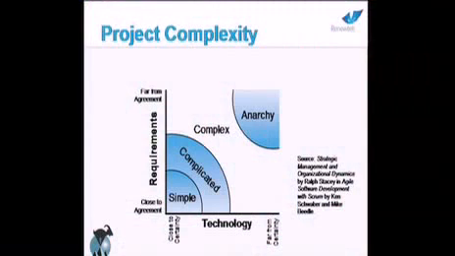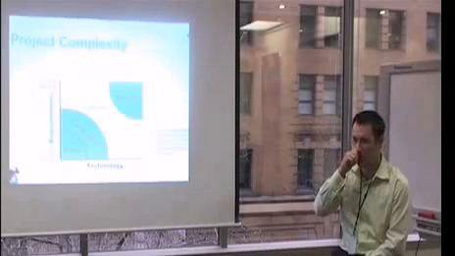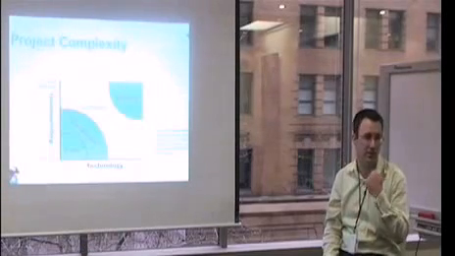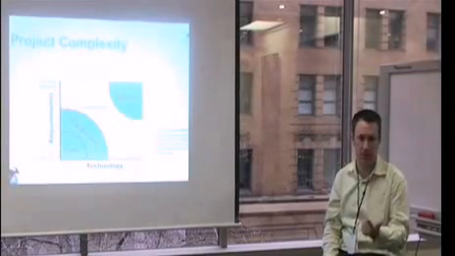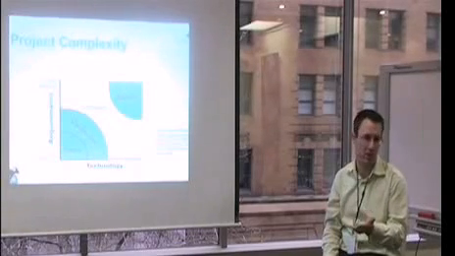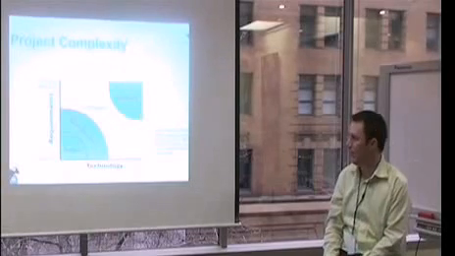We're finding ourselves, rather than staying in the simple domain for software development, moving more into complicated and the majority of complex regions of projects. And that is based on the fact that there's an awful lot of touch points, the amount of tiers within your architecture, and the number of technologies or competencies that you have to work within.